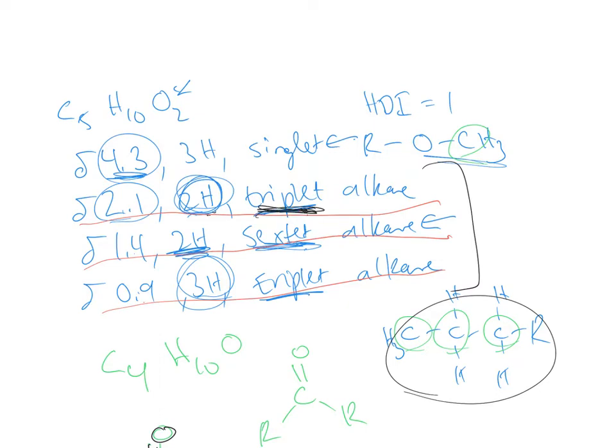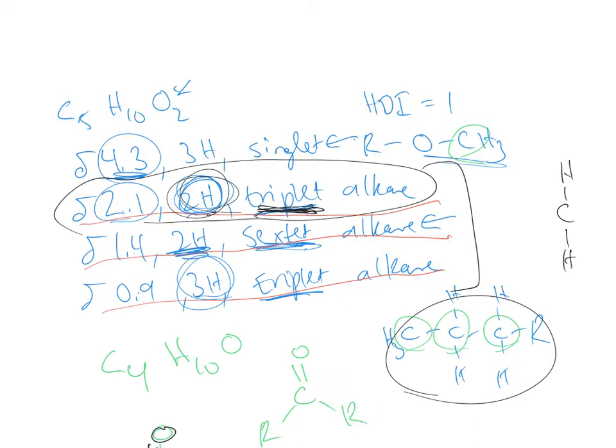So where can I find 2 hydrogens that are next to this signal here? So I can write down, I know I have a CH2, and I know that there's a CH2 next to it because that's the only way that I can get a triplet, right?